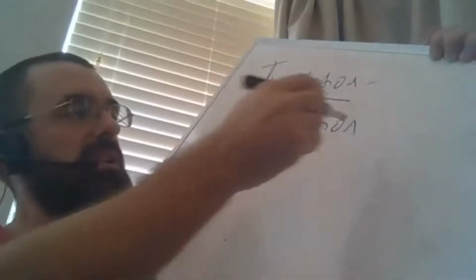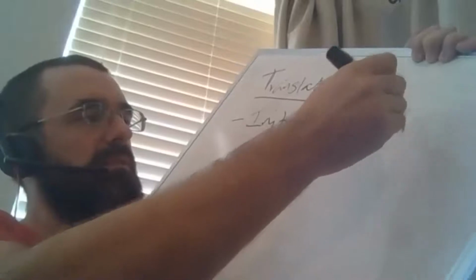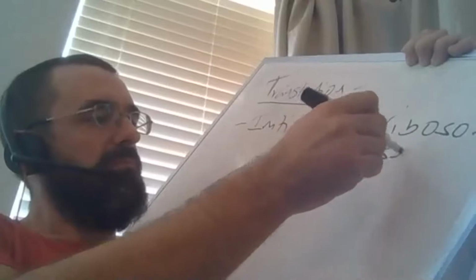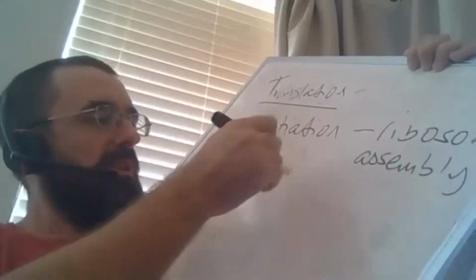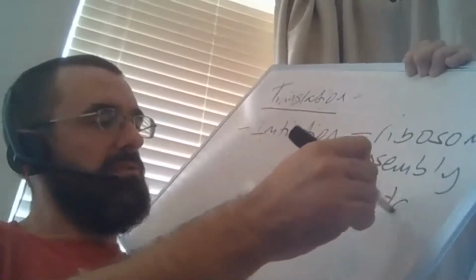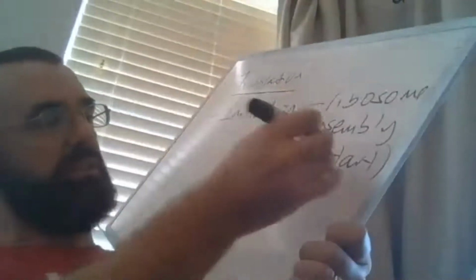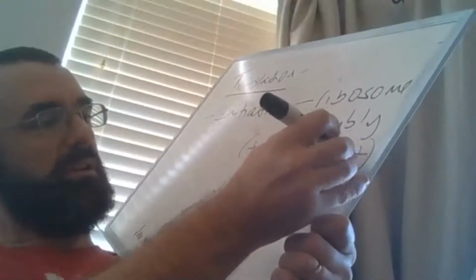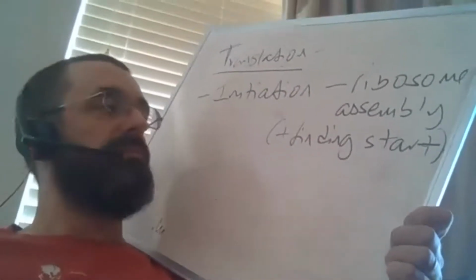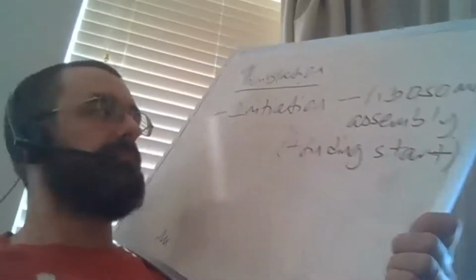So there's initiation, which is basically ribosome assembly, and also finding the start of the transcript. Hopefully my writing will be more legible when you see a picture of it. You've got to find the start codon, and we'll talk about what the start codon is in a second.